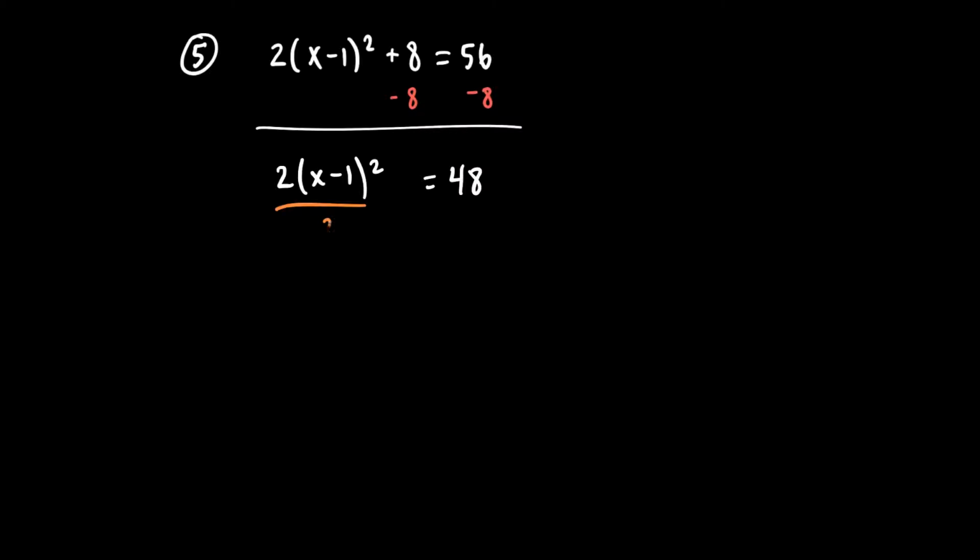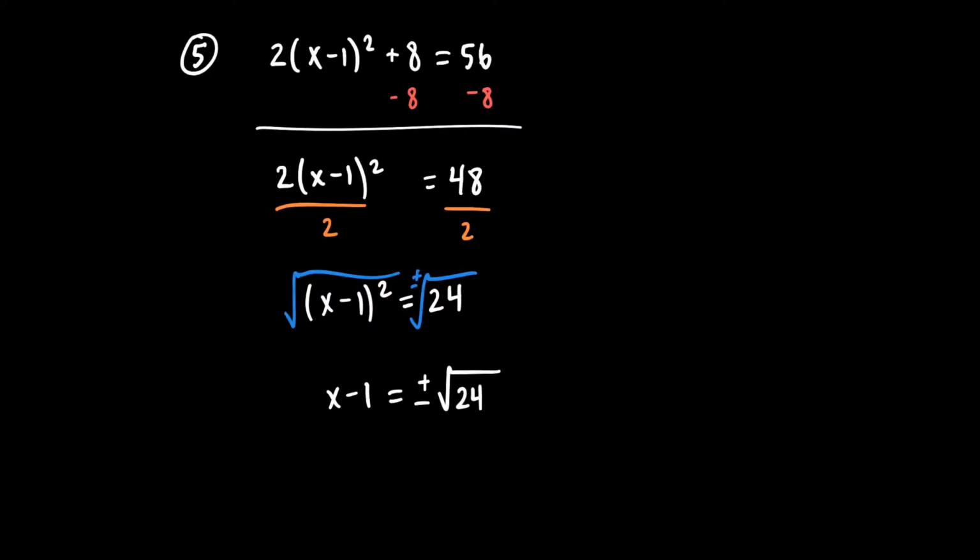And I'm going to divide by 2 here. So that would give us x minus 1 squared is equal to 24. And we're going to apply the square root on both sides. So we'll get plus or minus there on the right. So we're left on the left side with x minus 1, and that's equal to plus or minus the square root of 24.